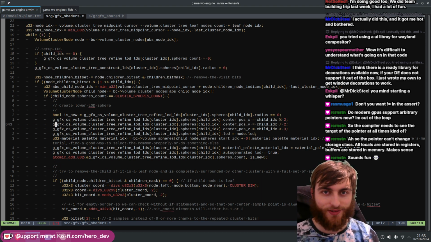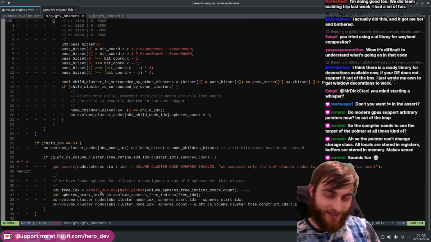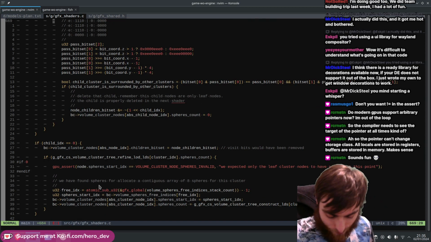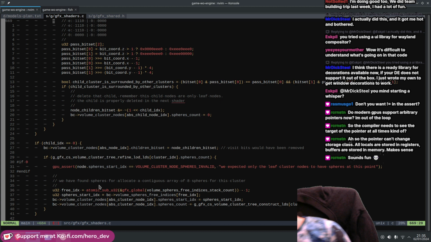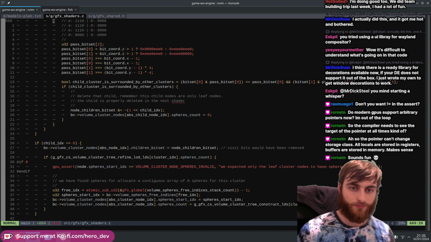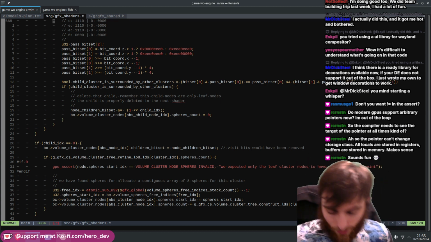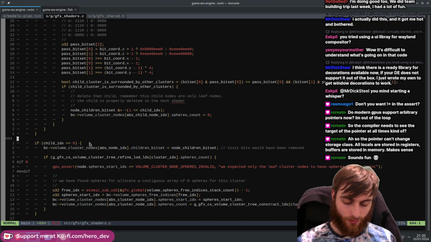Yeah, fun. One day GPUs will be more programmable. But until then, we'll deal with them. Ugh. Right.